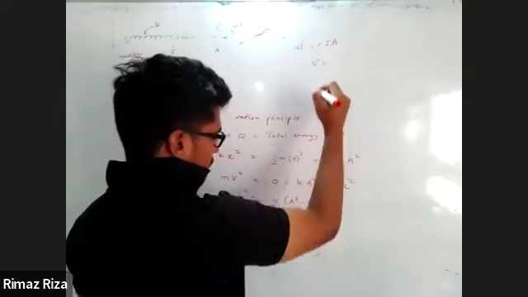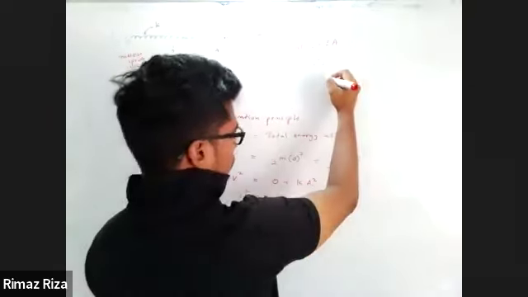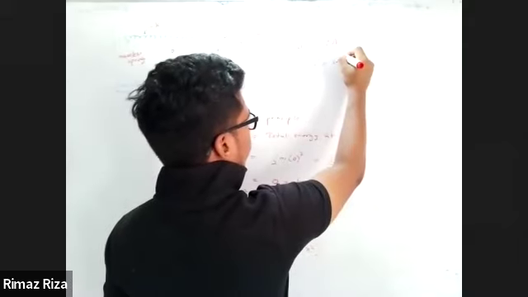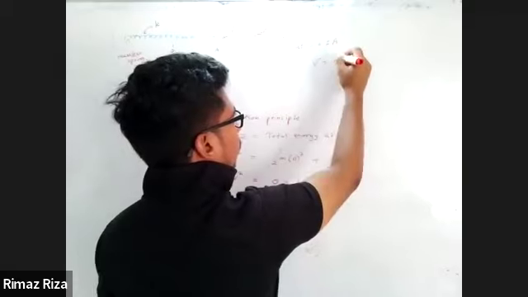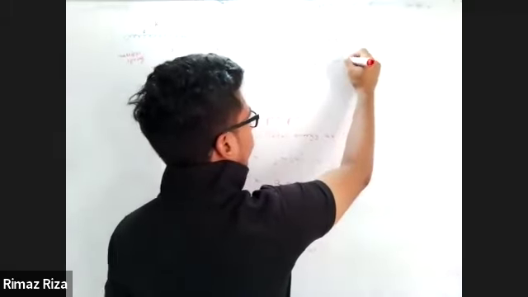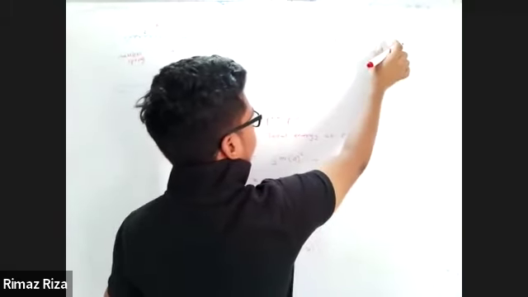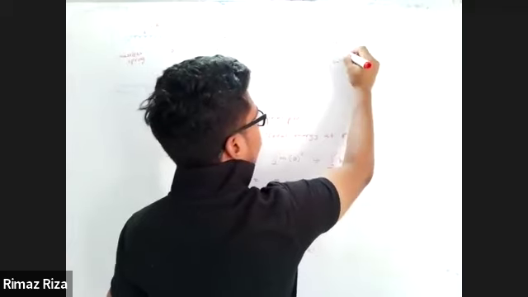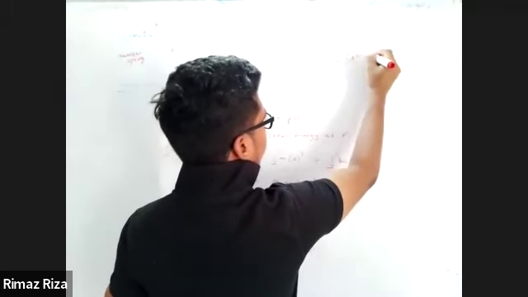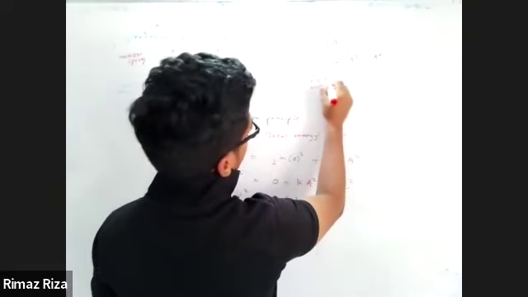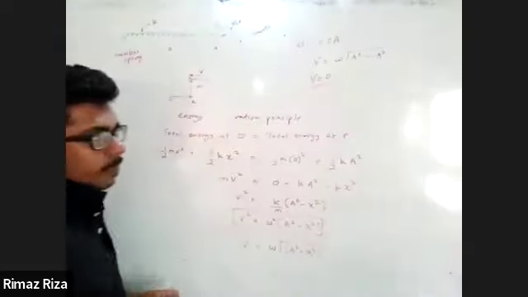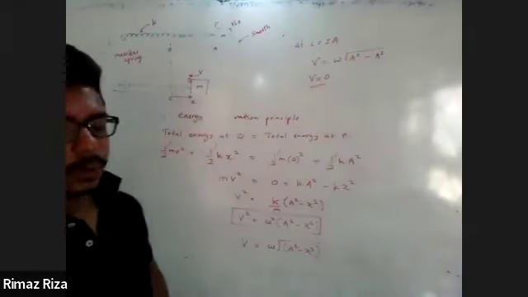We get v equals omega times the square root of a squared minus a squared. So v equals 0. That's the second point.